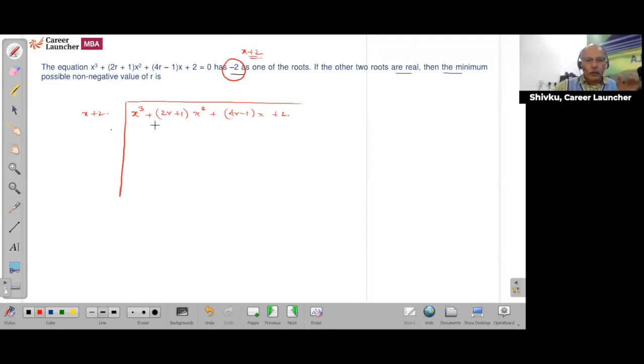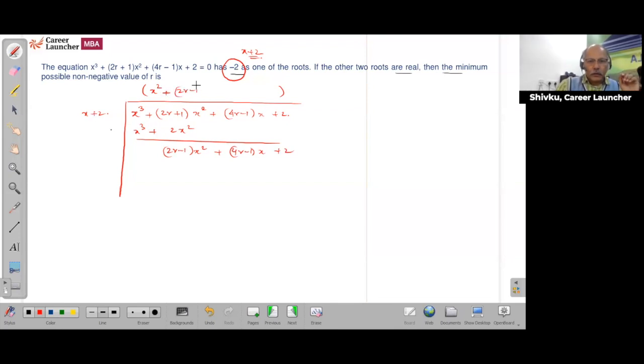If this polynomial is divisible by x plus 2, what you get as a quadratic, which is the quotient, must have real roots. That's the condition that we're going to apply. So when I do this, I'll get x squared. I'll get x cube plus 2x squared. Subtracting one from the other, you'll get (2r minus 1) into x squared plus (4r minus 1) into x. I'm doing the normal division process.